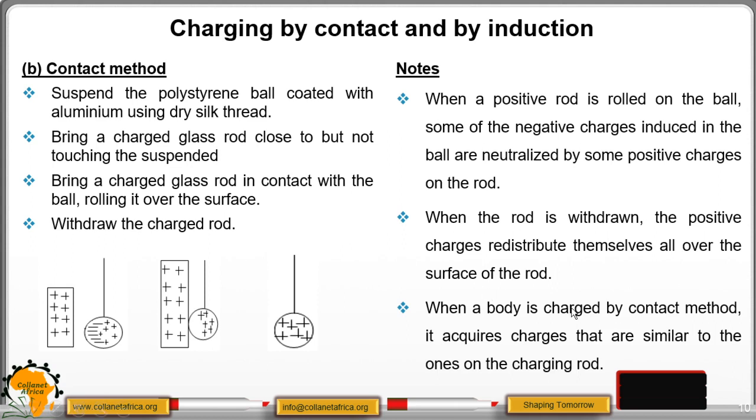Know that when you are charging a body by the contact method, it acquires charges that are similar to the ones on the charging rod. In other words, our charging rod was positive and our ball has gained positive charges. Therefore, the charging rod and the body have acquired similar charges.